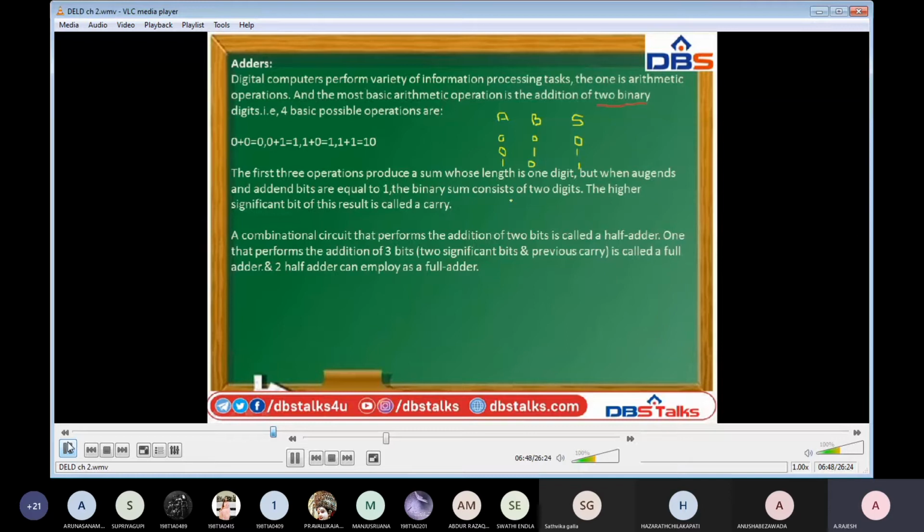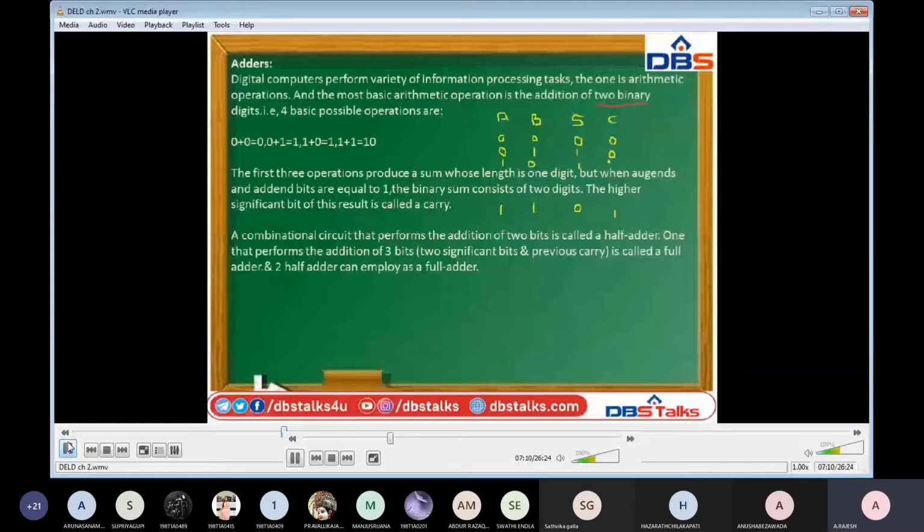If both inputs are 1, then 1 plus 1 is 0 with a carry 1. So sum is equal to 0, and we are including another part called carry, that will be 1. Here we don't find any carry, that's why I'm making it 0.